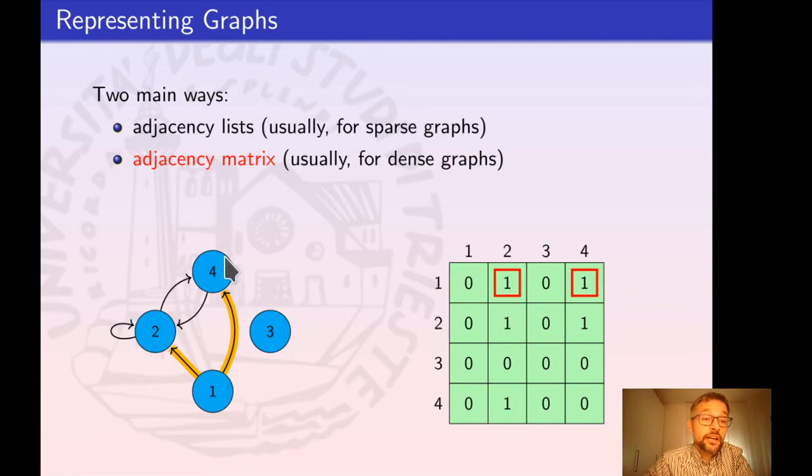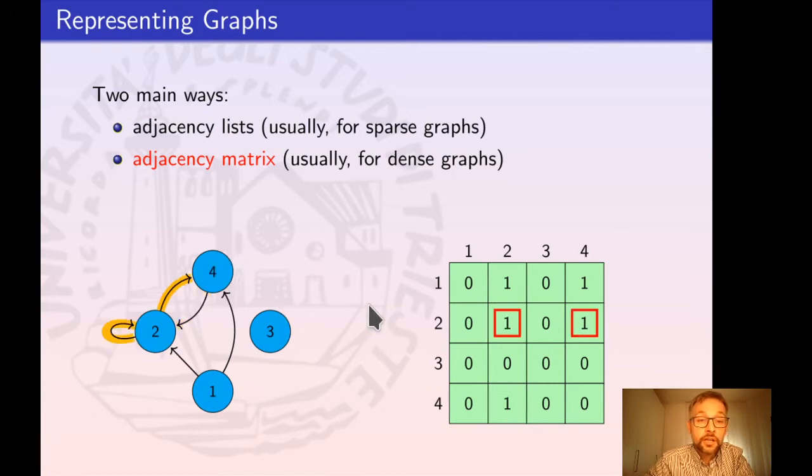So here we can conclude that we have an edge moving from 1 to 2 and an edge moving from 1 to 4. Okay, what about row number 2? Well, again, from node 2 I can reach 2 itself because I have a self loop, and 4, and as you can see here, this is the case.